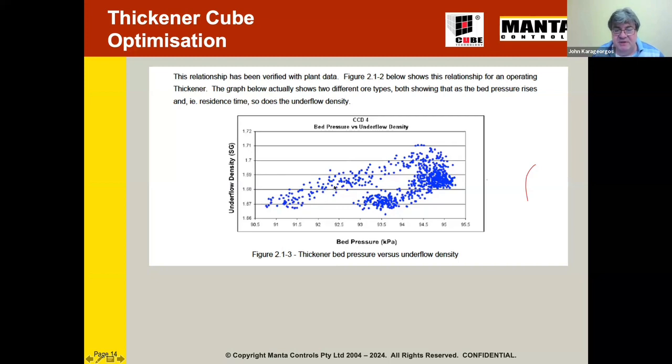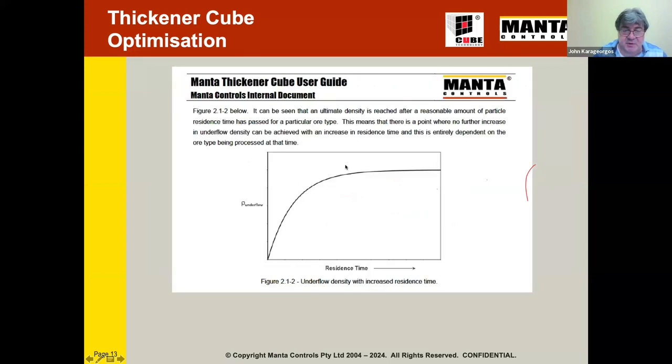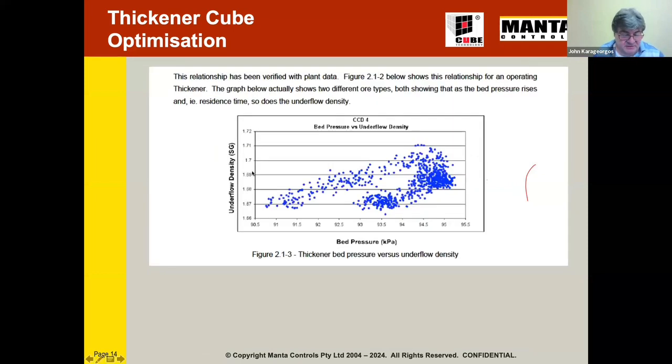The longer I leave the particles in the thickener, the higher the density I'll get. I think most of you would have seen that as well. So there's some real life data on that. So that's point one: leave it in the thickener.